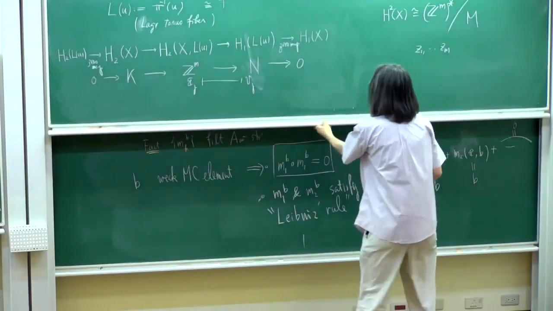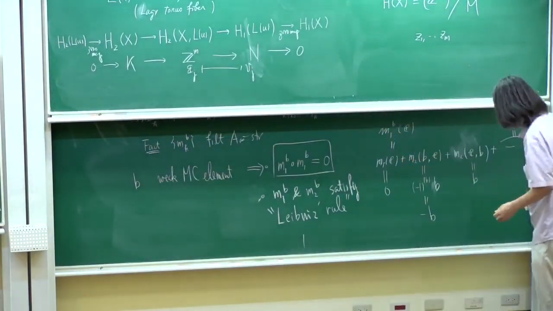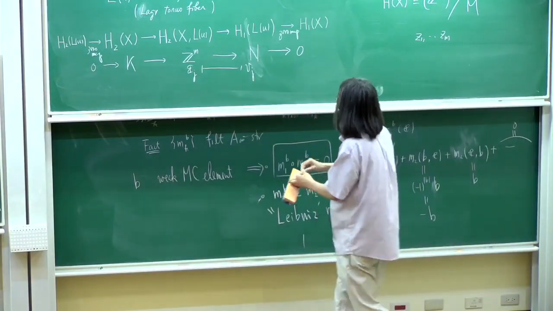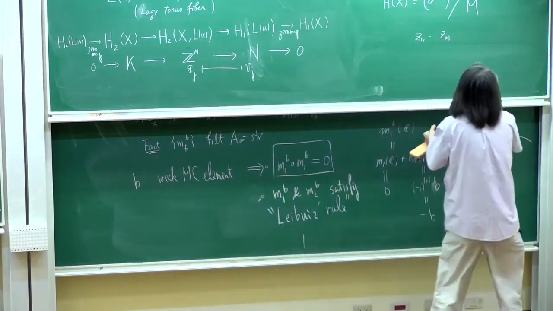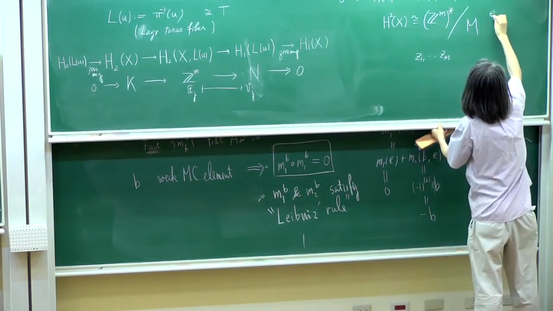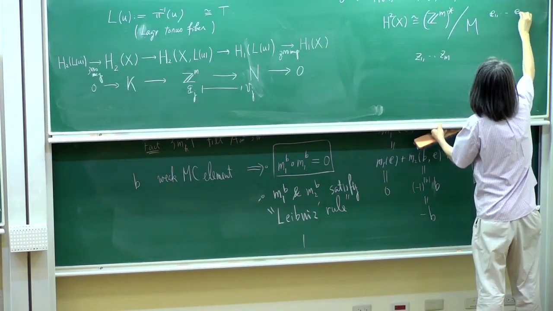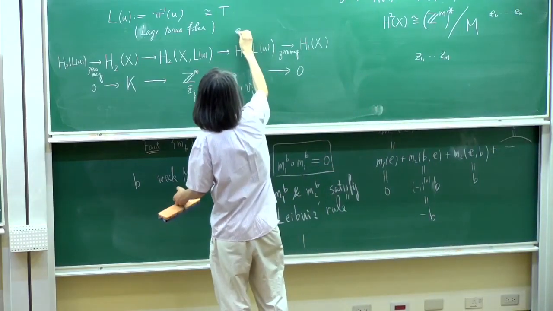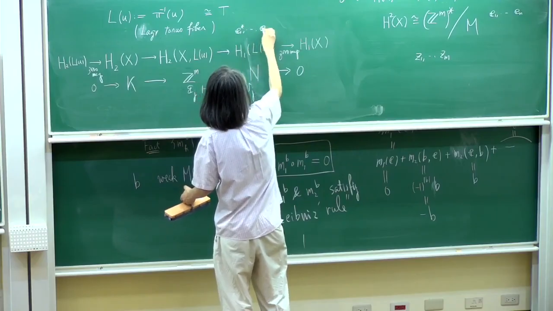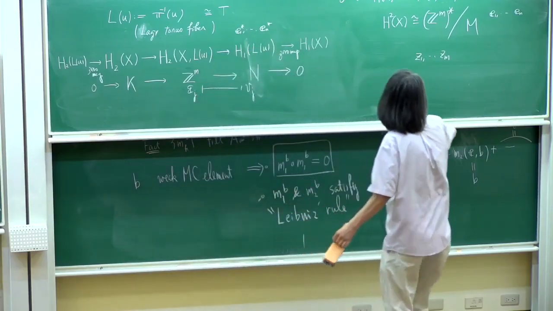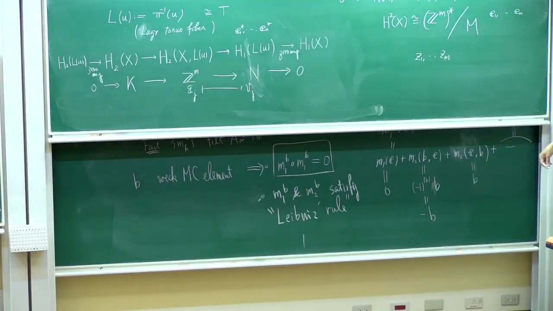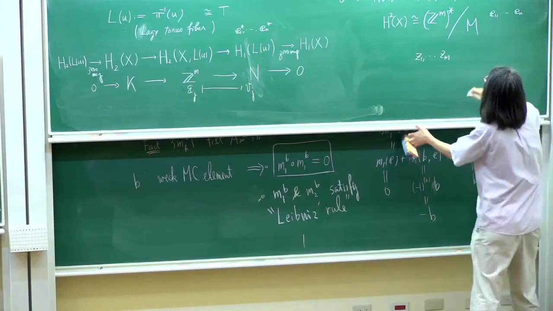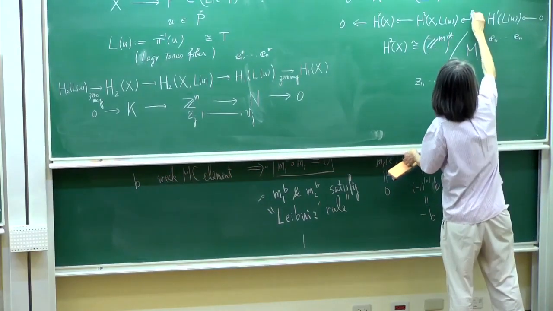So now I pick a basis. Here I pick a basis E1 to En. So this is the basis of the cohomology here, and then here I have the basis E1 star to En star. And I want to understand, so this one is actually just P star, right?